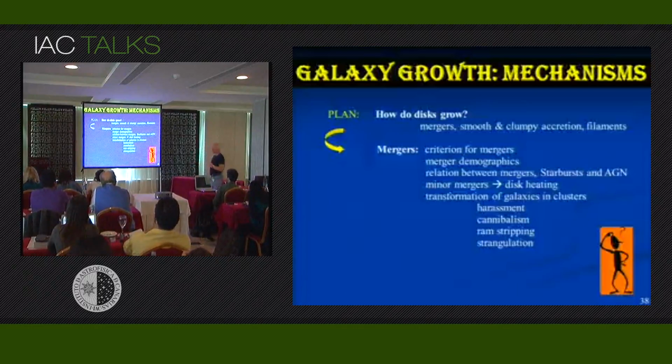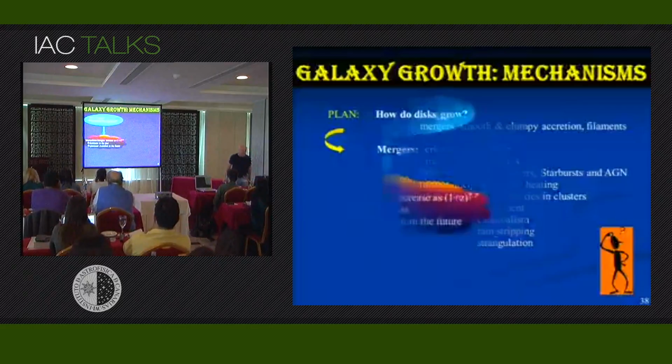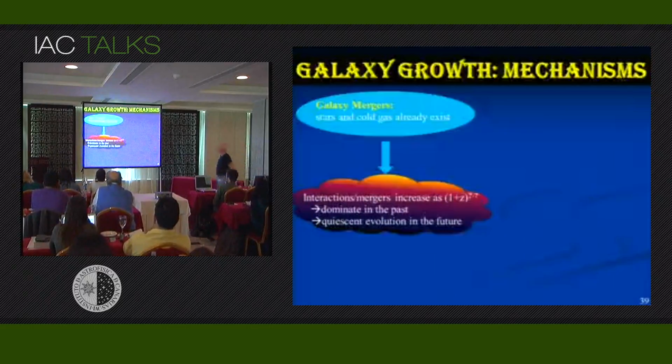When I talk about mergers, I would like to define the criterion for merging, the demographics of mergers, then the relationship between different mergers. I will not get to starburst and AGN, probably not even in the whole week. Minor mergers I will also skip. Transformation of galaxies in clusters: harassment, cannibalism, ram stripping, strangulation, maybe.